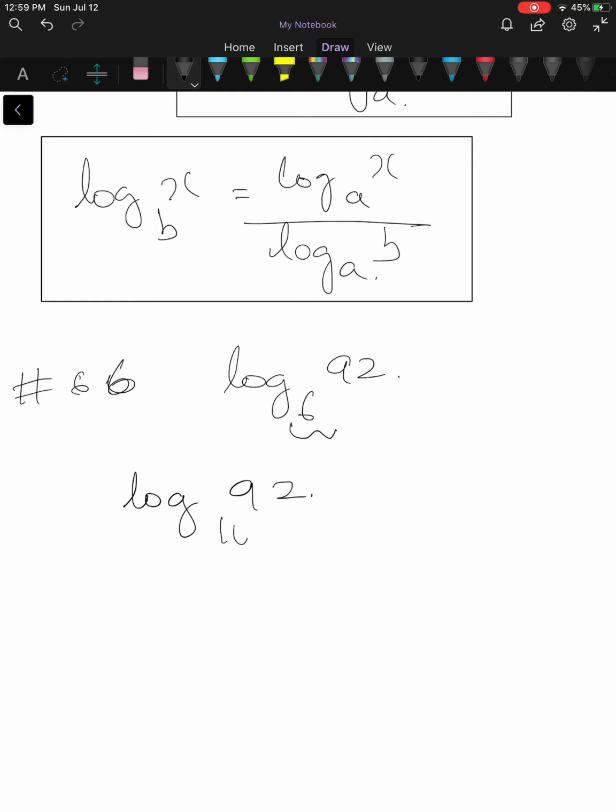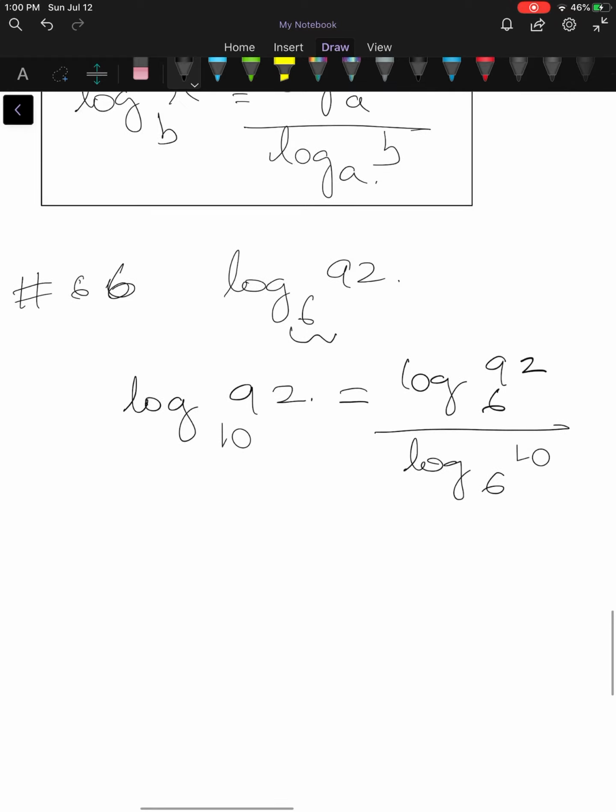So converting to base 10 first, we need to find out log 92 to base 10. That would be equal to log 92 to base 6 divided by log 10 to base 6.